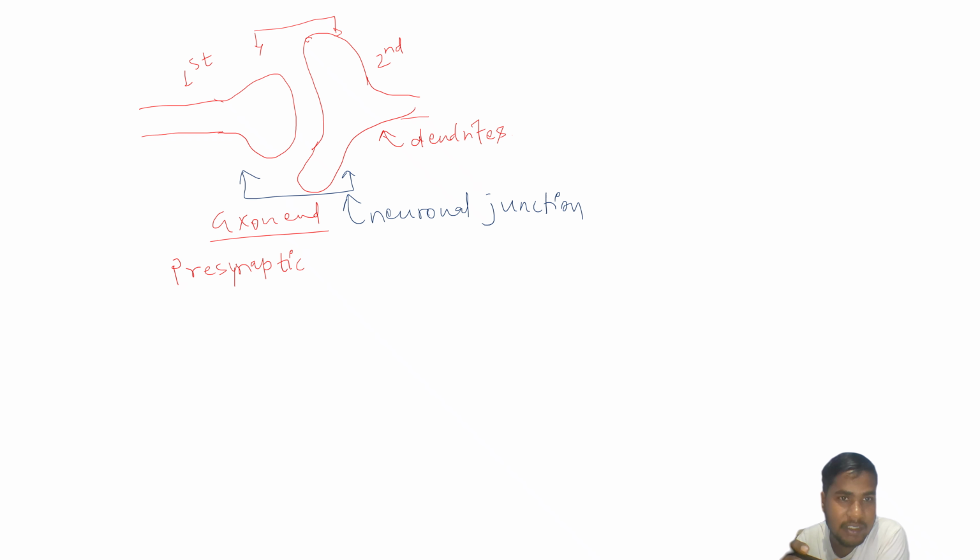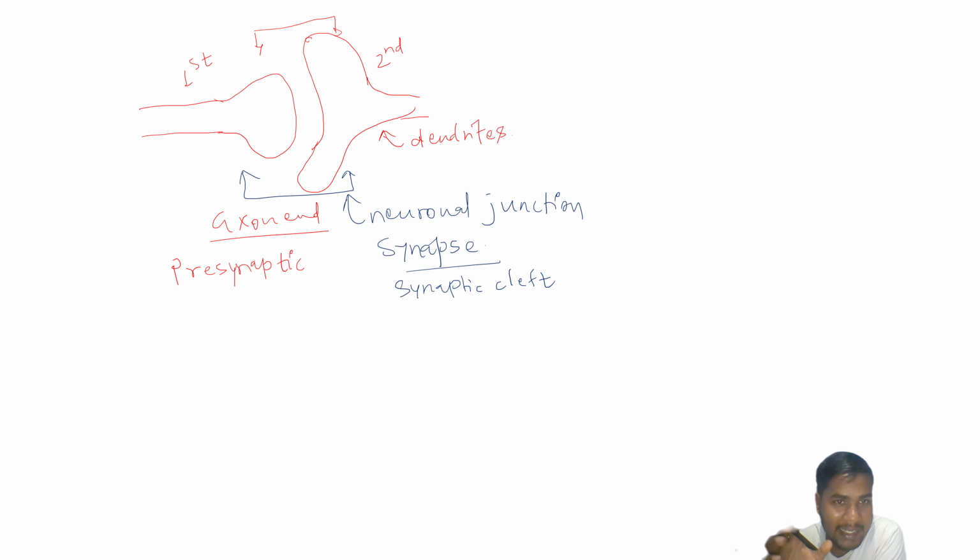Since both of these axon and dendrons are meeting, this is the neuronal junction, and it is called a synapse. The empty space between them is called the synaptic cleft. So this is the overall anatomy at the junction of the neurons when two neurons meet.